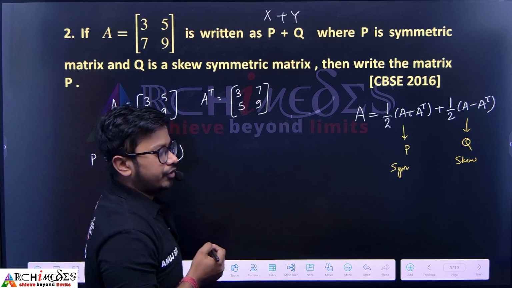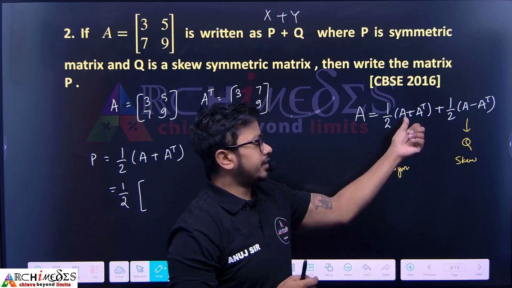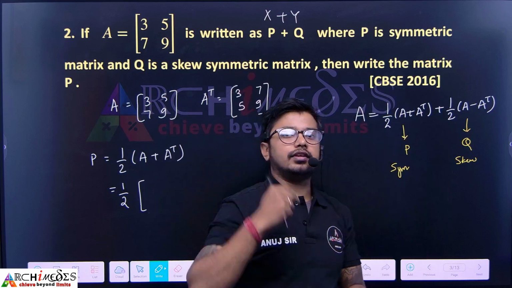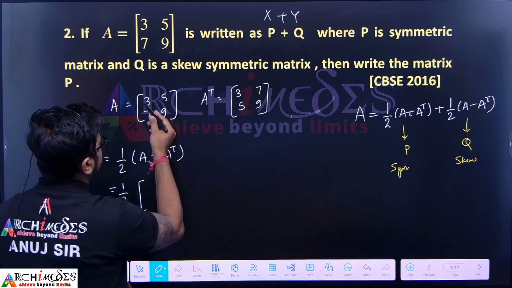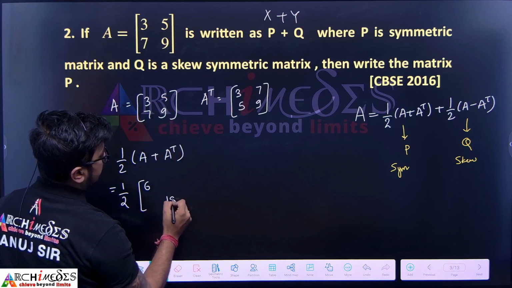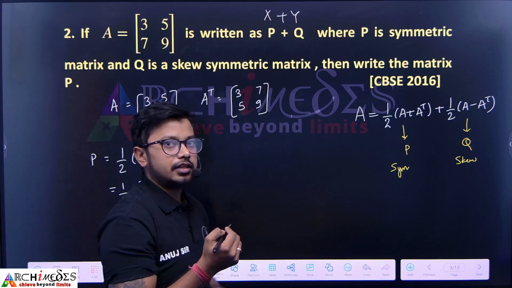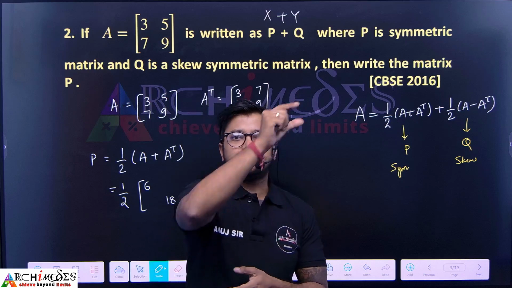I have given you one more shortcut. In a symmetric matrix, the diagonal you have to make double. So 3 doubled is 6, and 9 doubled is 18. Here, since these are 2 into 2, you can add in this way. But whenever it is 3 into 3, I have given you the trick to make the diagonal element double.